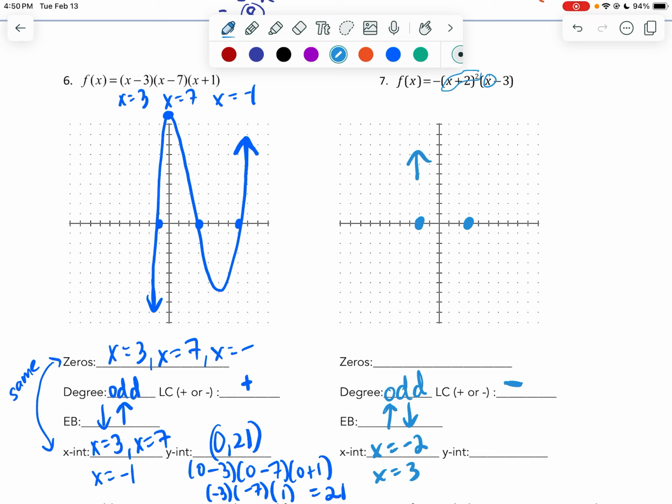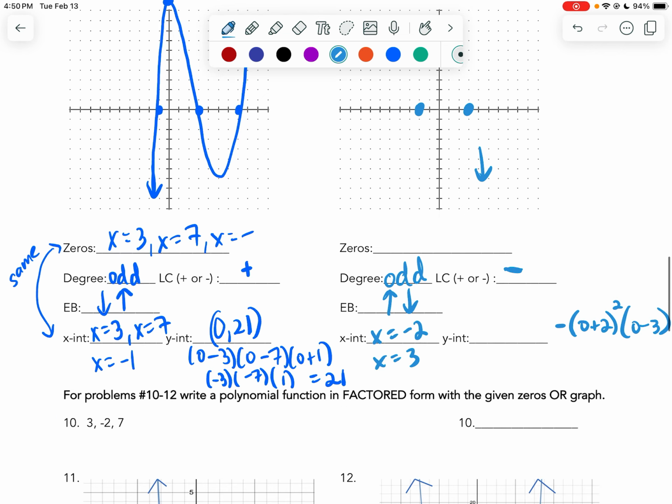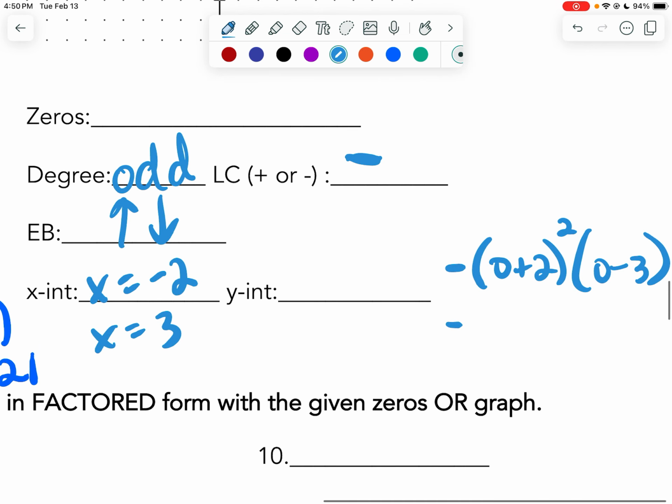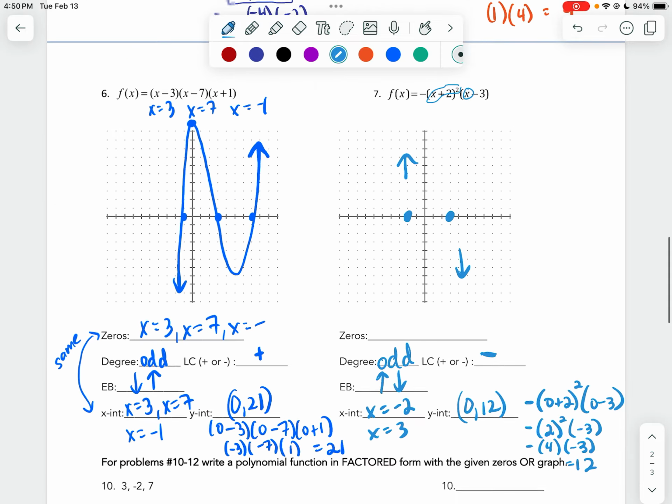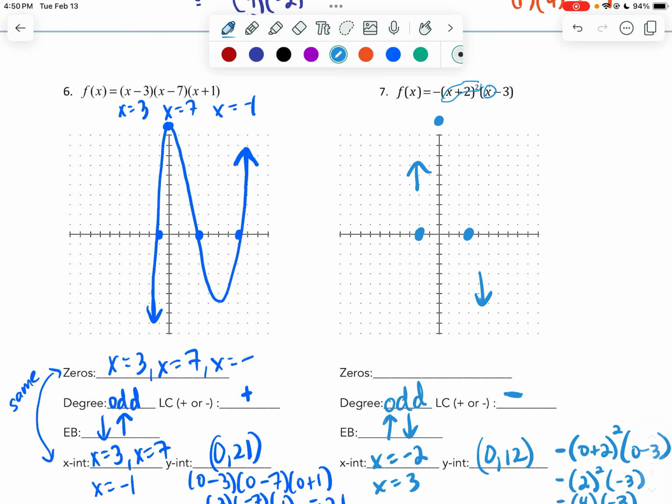We said up, down. Okay, y-intercept, don't forget the negative. 0 plus 2 squared, 0 minus 3. You can do this in a calculator too, but order of operations says parentheses first, and then exponents. So 2 squared is 4. So -4 times -3 is +12. So again, that one's going to go a little off your graph, probably about there.